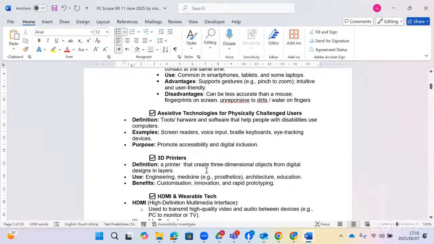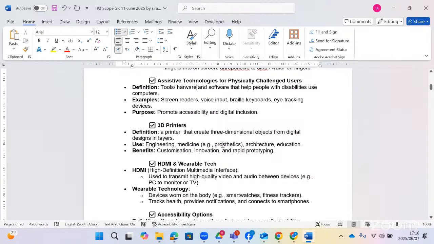Now, 3D printers, three-dimensional printers. That is a printer that creates a three-dimensional object in different layers. So they create by putting them in different layers, and mostly used in engineering, medicine, architecture, education.